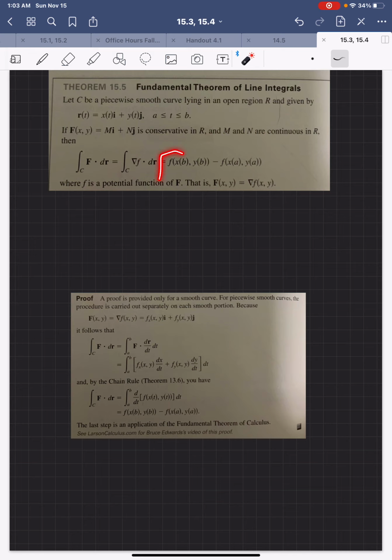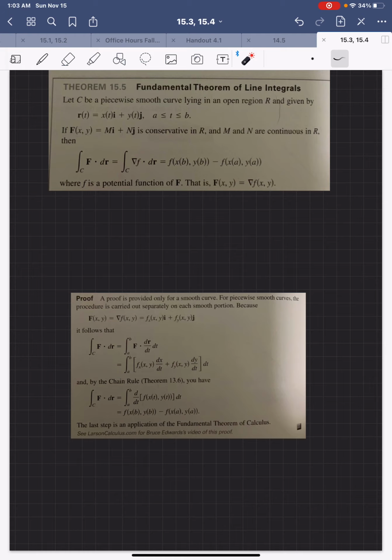This part right here is exactly what I did on that previous page: f of 1, 1 minus f of 0, 0. The proof of this is shown if you'd like to go through it.